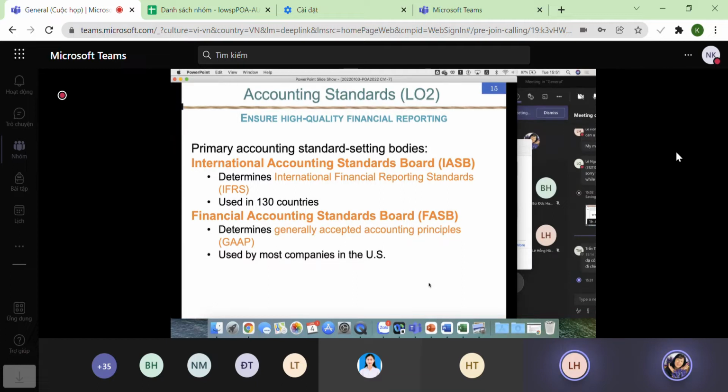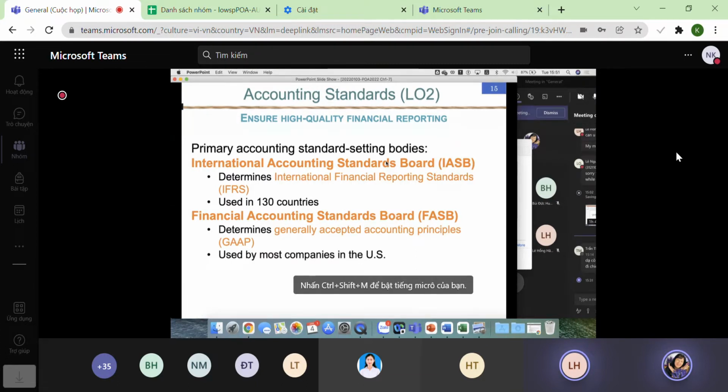And who builds or sets up the principles, the assumptions and the standards? This depends on the country, right? Now we have two main accounting standard setting bodies in the world.